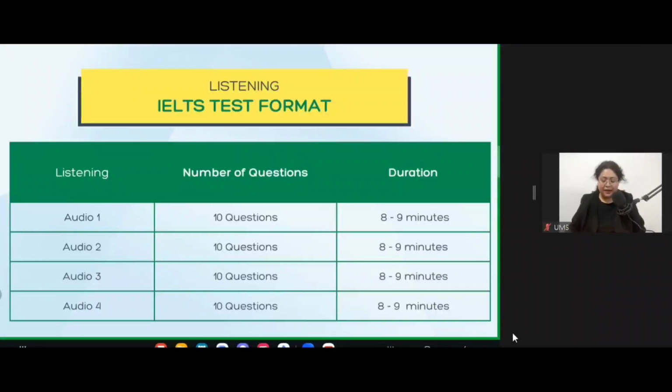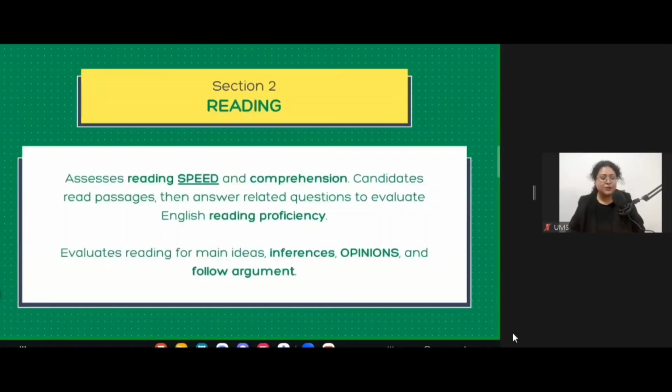So we would now move on to understanding the reading section. So the reading section, as we have already discussed, has these 3 passages, right? And well, in terms of the manual test and the computer-based test, there's not much difference in the reading as such, only broadly speaking that you're reading on screen versus you're reading on paper.